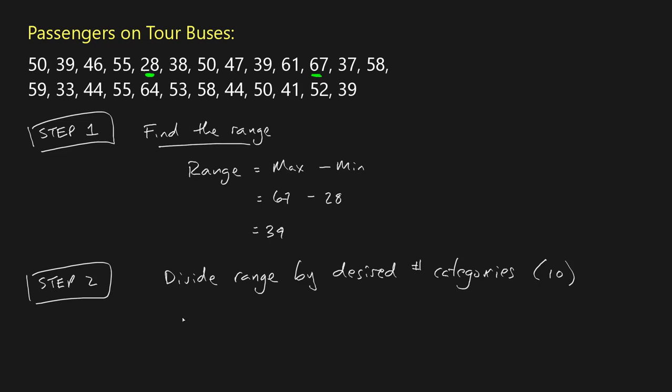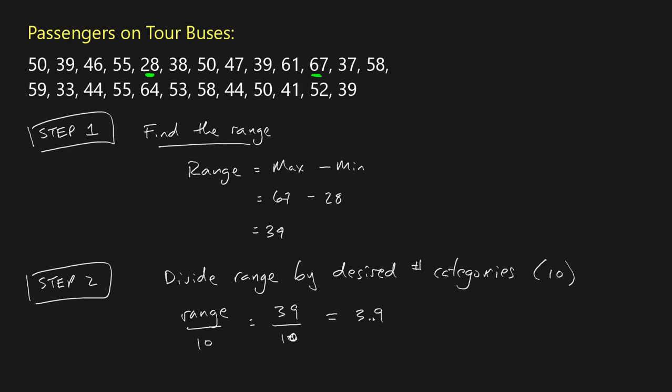So divide the range by 10. So the range divided by 10 is equal to 39 divided by 10, and so this is 3.9.